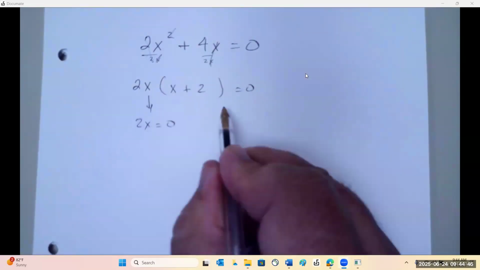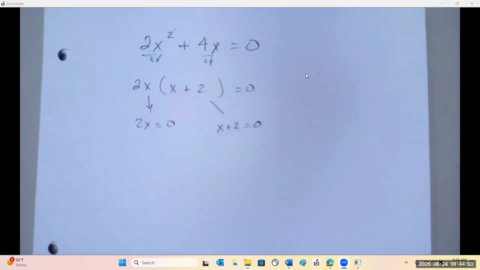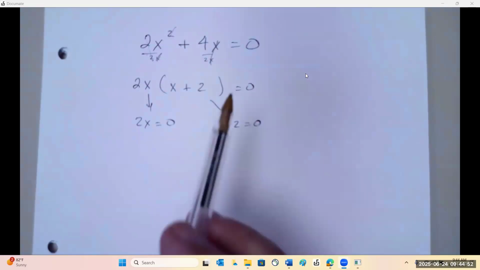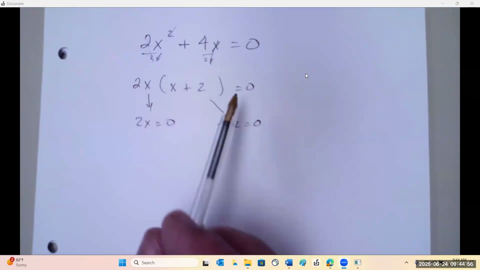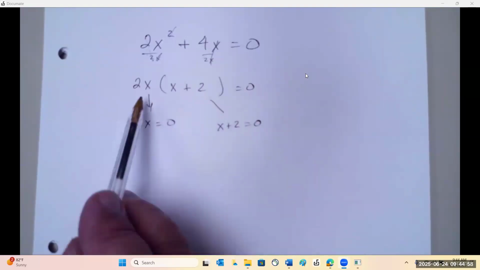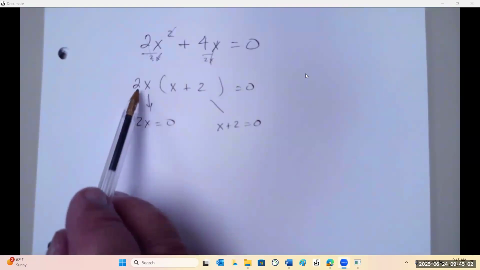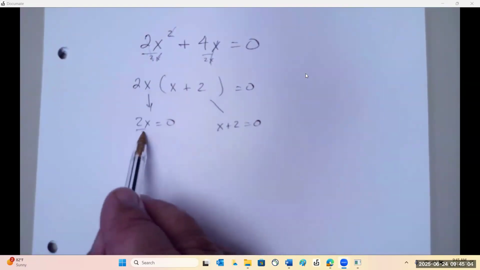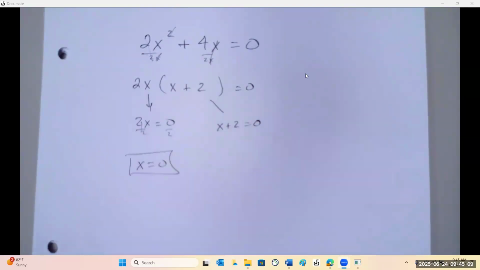So now I set both of these equal to 0. Whenever you factor, whenever you have an x and you're solving, set that equal to 0. Just because there's no parenthesis doesn't mean you don't have to solve for it. Because what it says here, if we divide by 2, x equals 0 is a solution.